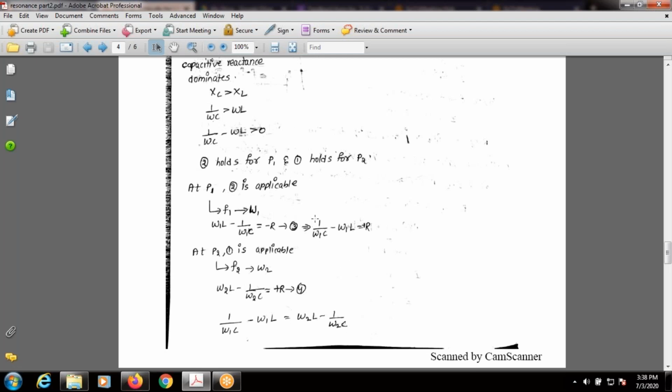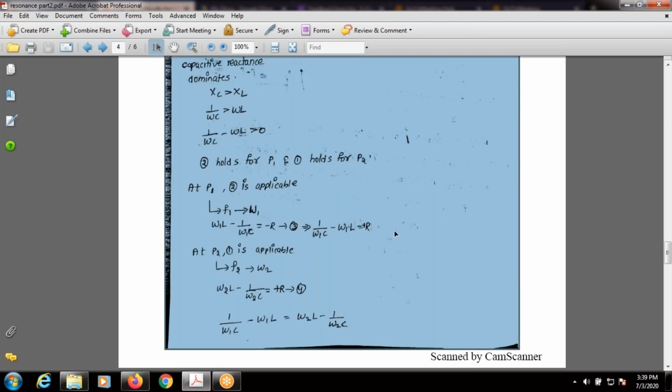Remember the third and fourth. Here in the third, 1 by omega 1 C minus omega 1 L is equal to plus R.